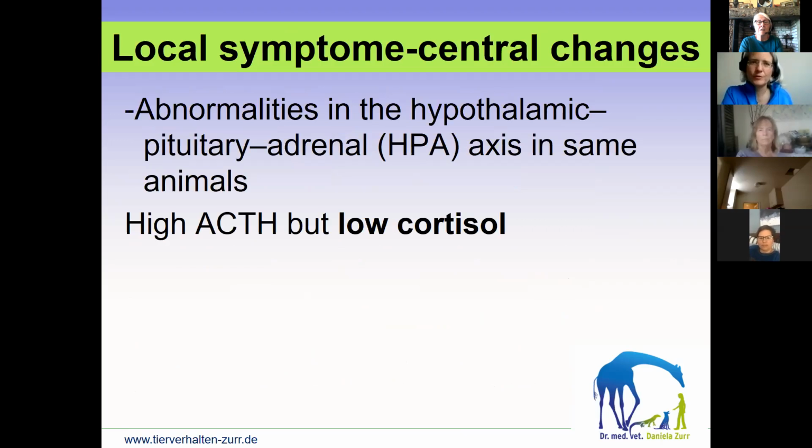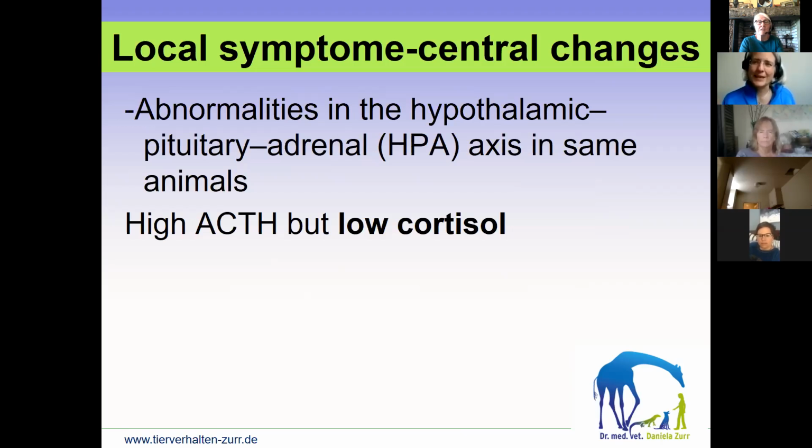You don't have to remember this hypothalamic pituitary adrenal axis word. The only important thing, why I mention it, is that sometimes things inside are different than we expect from the outside, because we all know that cortisol is a stress hormone.